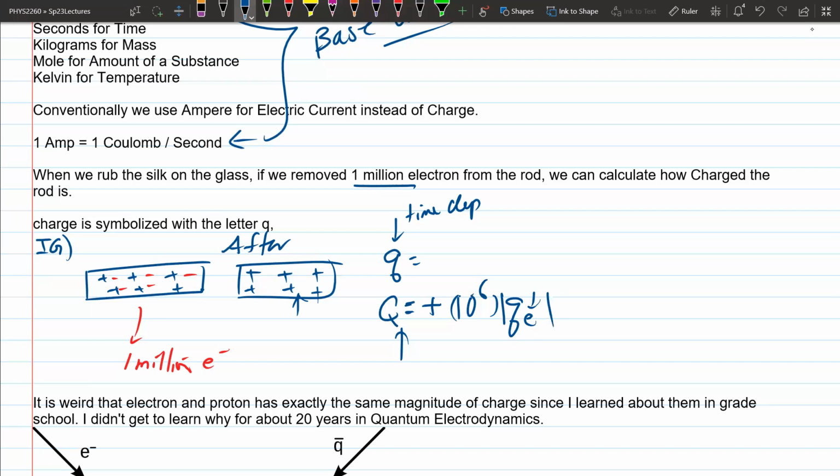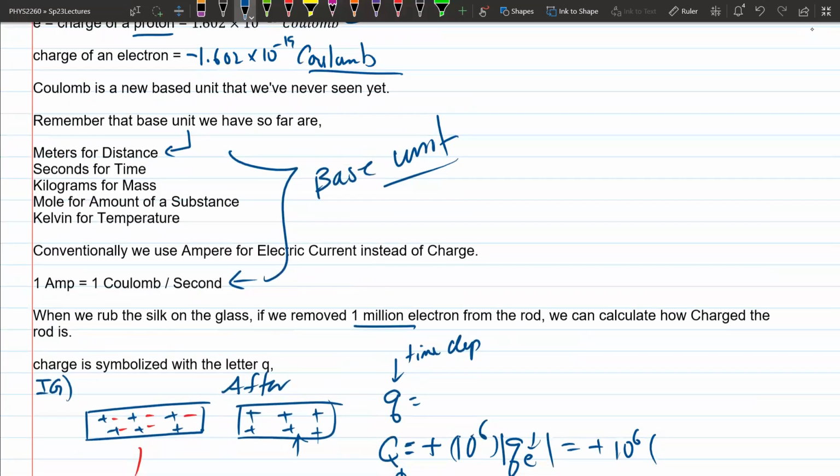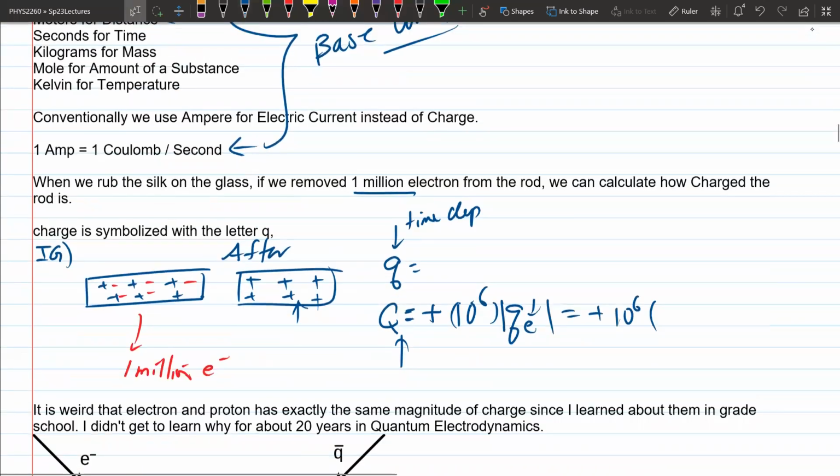And I know that the charge of a single electron is negative 1.602 times 10 to the negative 19 Coulomb.